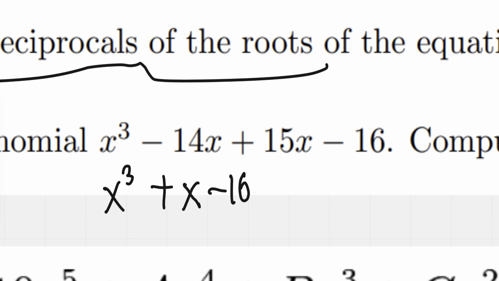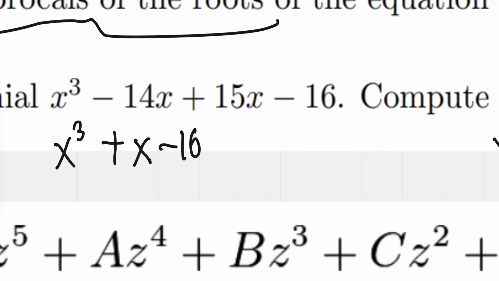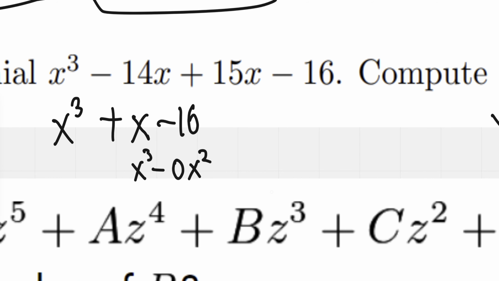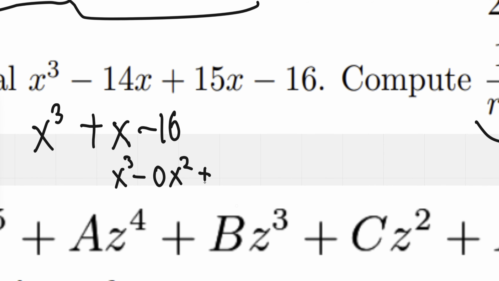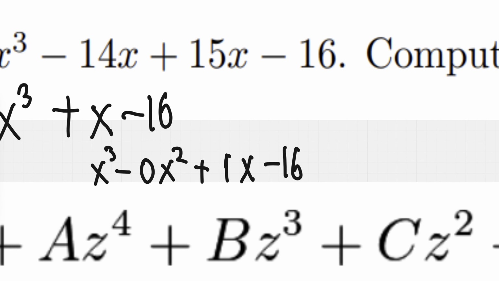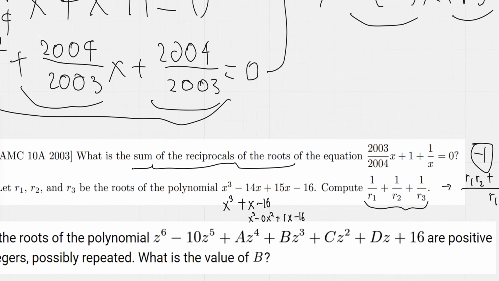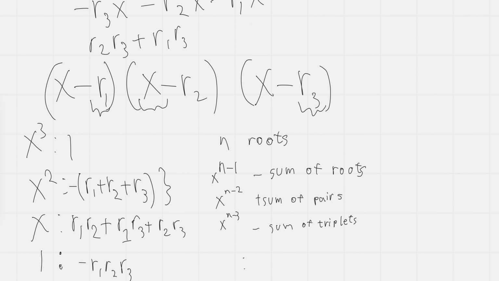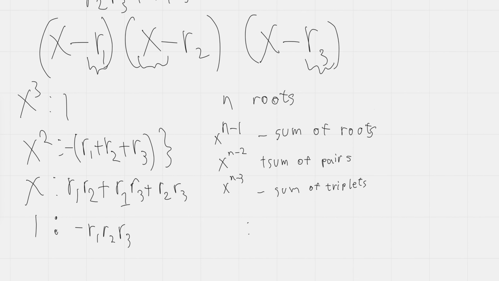Oh, actually, you have to be careful about the signs. So let's just go over this again. We have x cubed minus 0x squared, plus 1x minus 16, right? So that's how it should be. Let's say in the previous expression that we had here, the signs did in fact alternate starting from positive.